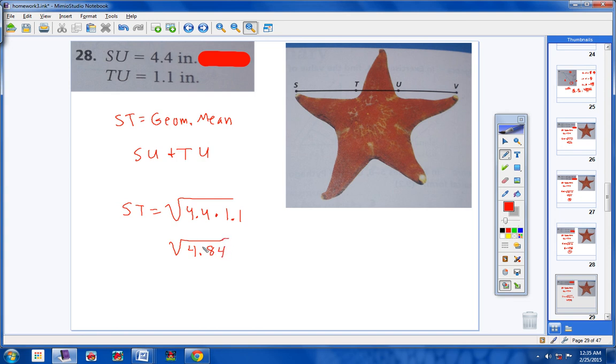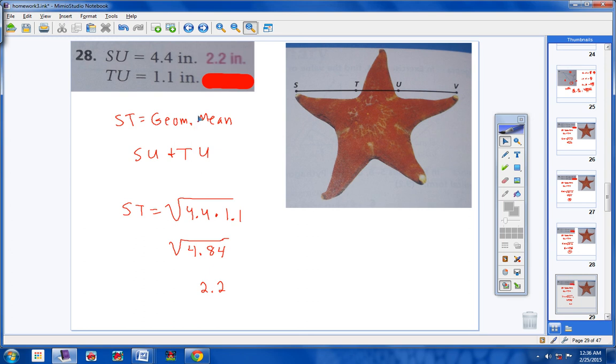And then we're going to take the square root of that number, and you're going to get 2.2 for your answer. The square root of 4.84 is 2.2. So the answer is 2.2.